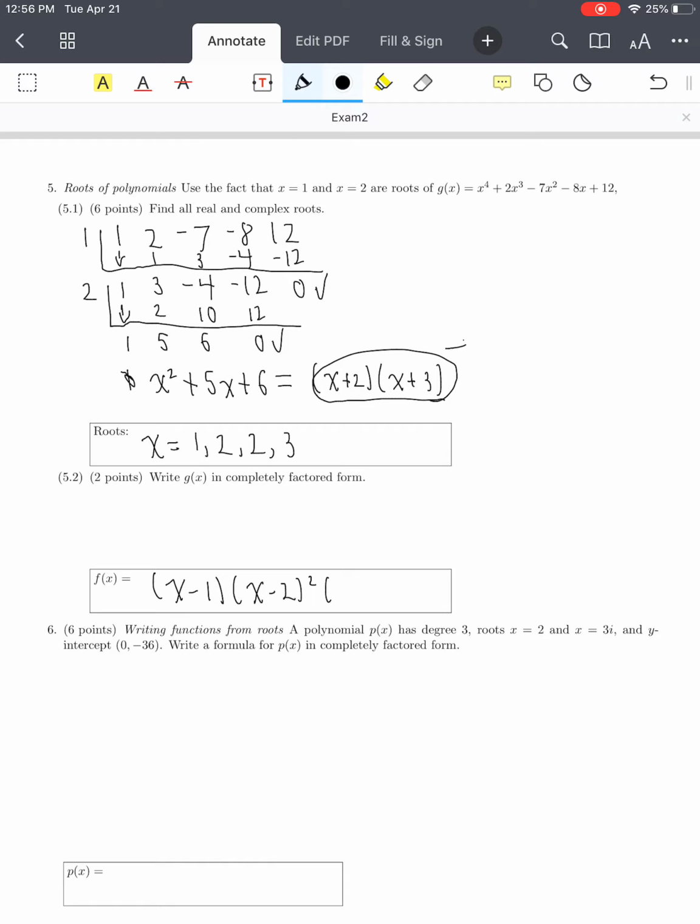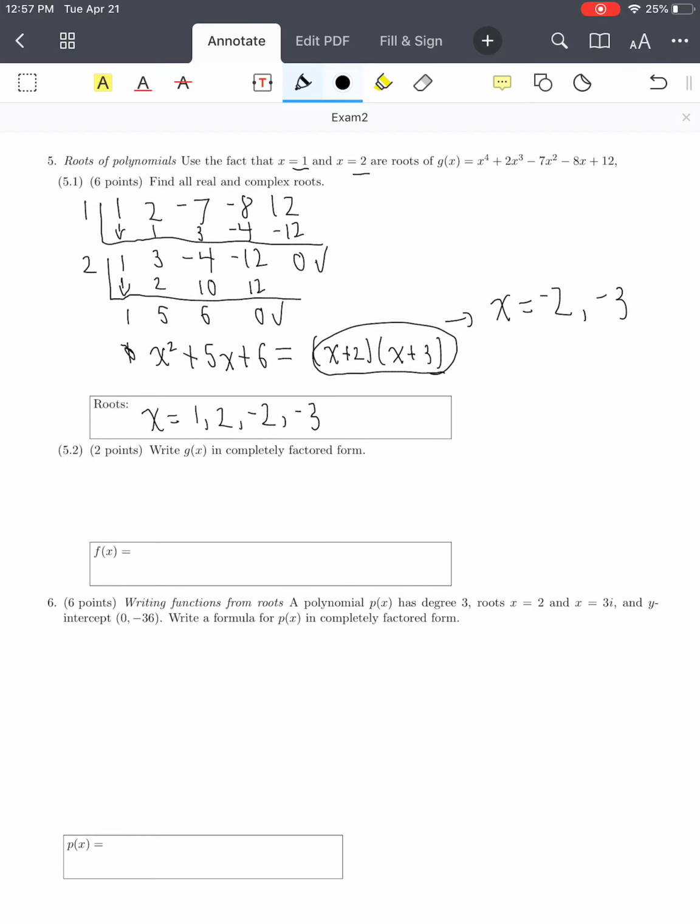This gives us the roots, x equals -2 and -3. So let's erase these really fast, and these ones. So there's 1, 2 that were given initially, and then we have -2 and -3.